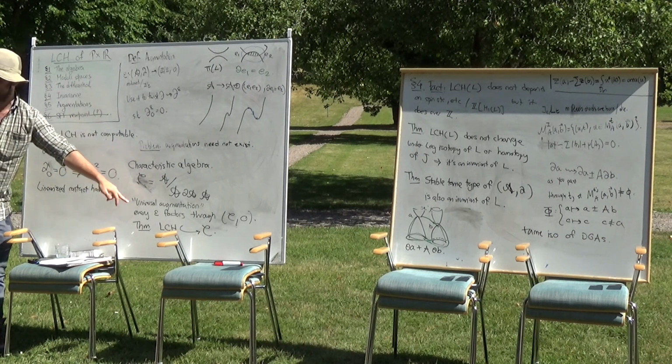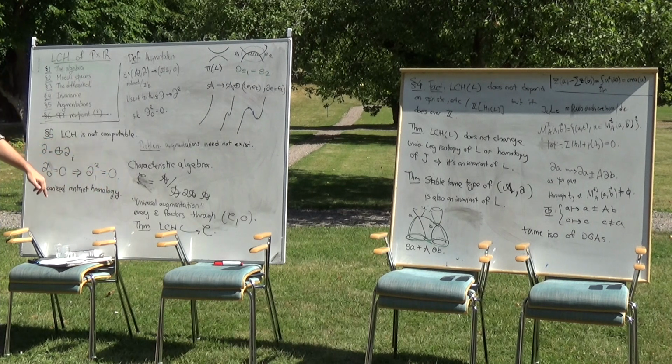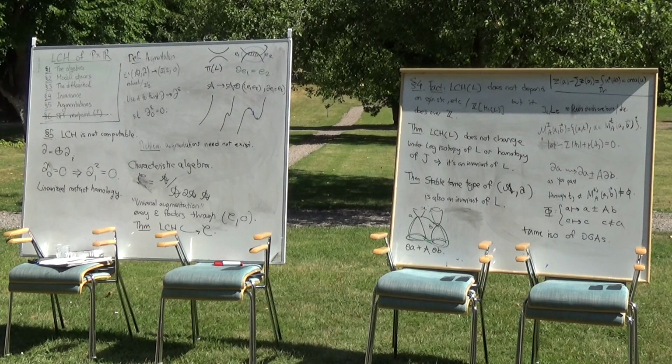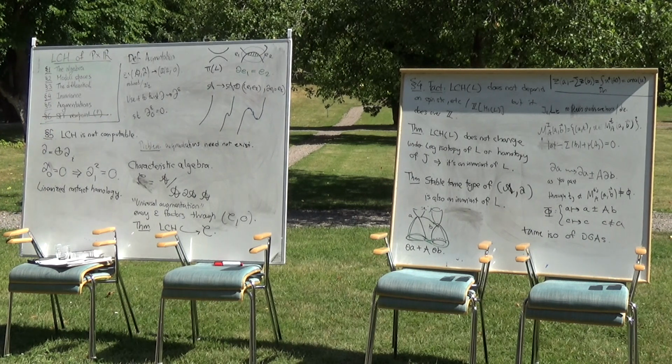Is this correct, that the LCH embeds in the characteristic algebra? Yes, this is a monomorphism. And so in fact this is computable and has as much information as the LCH. So this is a great thing, and I have more to say, but I think I'll just stop here. Questions, comments?